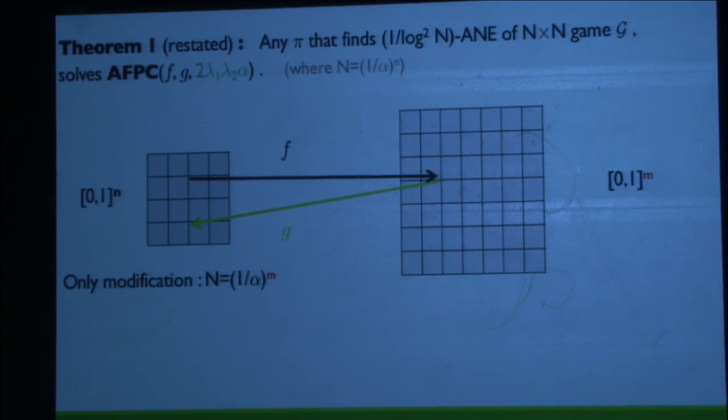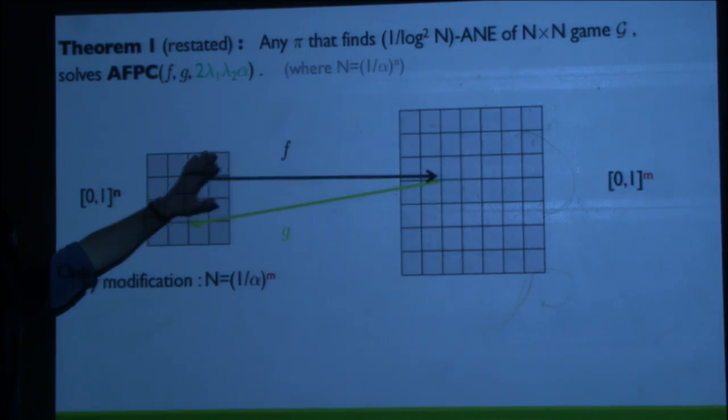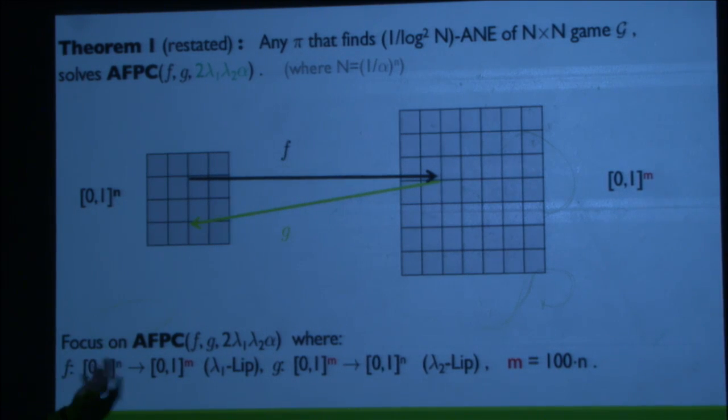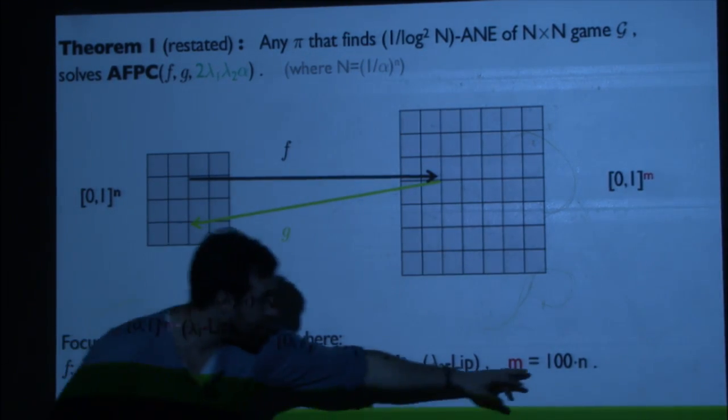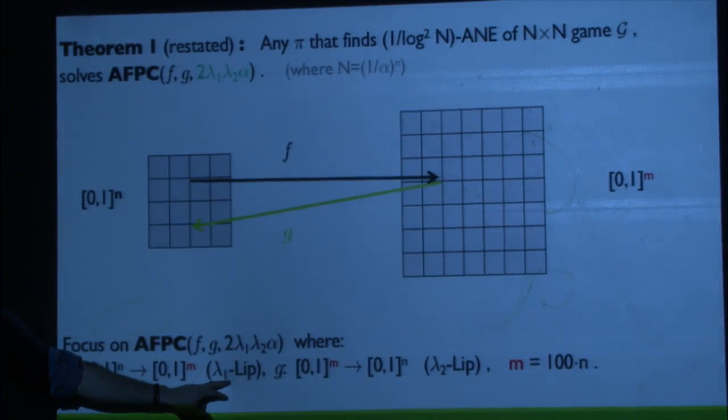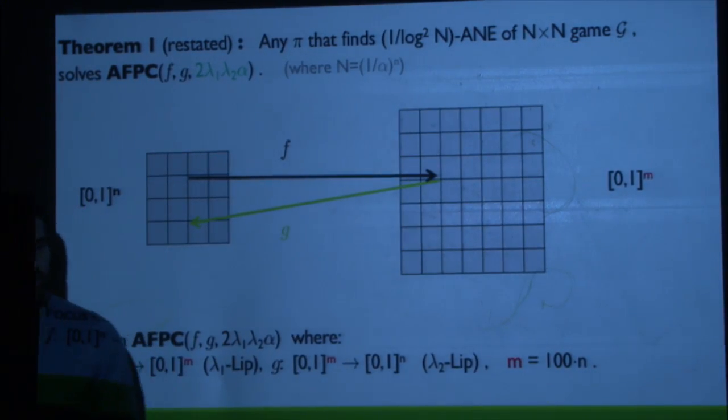So why am I considering this? It's completely unclear at this point, but all I claim is that it's sufficient to prove a lower bound for the slightly more general problem. This is the problem we study, where F maps the n-dimensional cube to a 100n-dimensional cube. This function is lambda 1 Lipschitz, and the same thing applies for Bob.